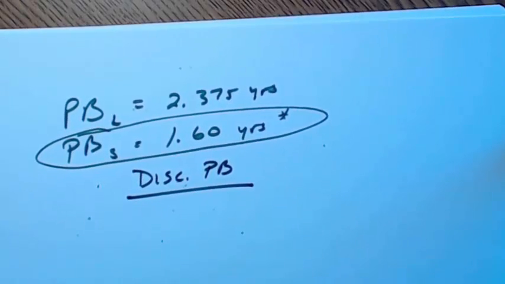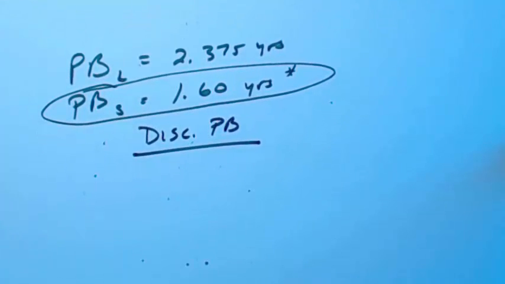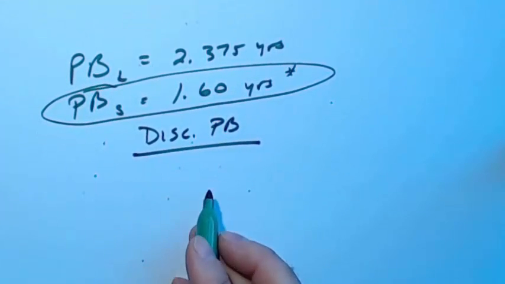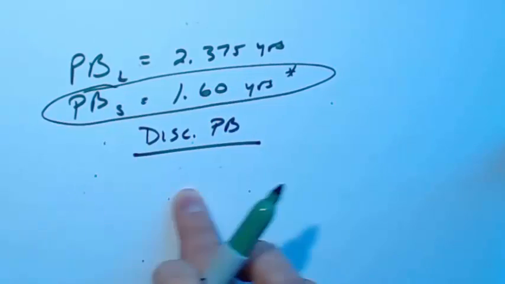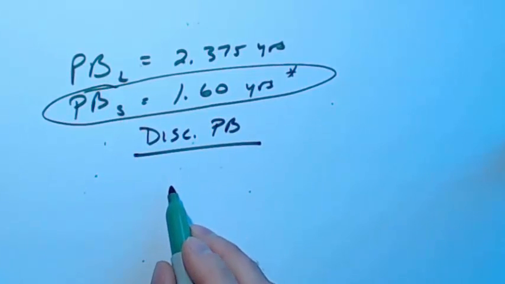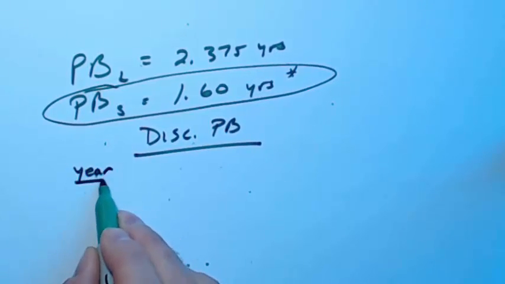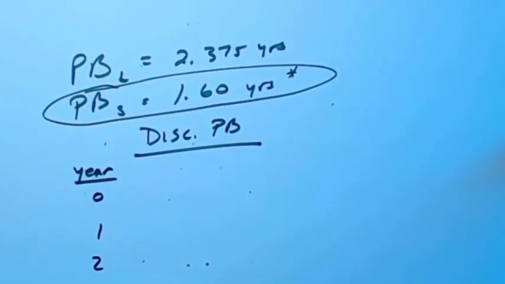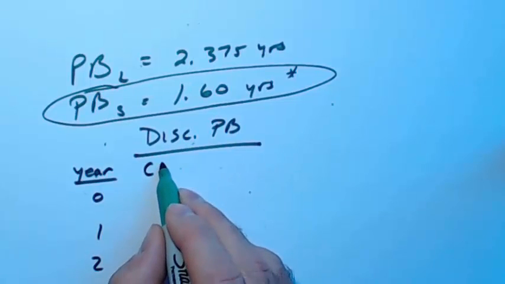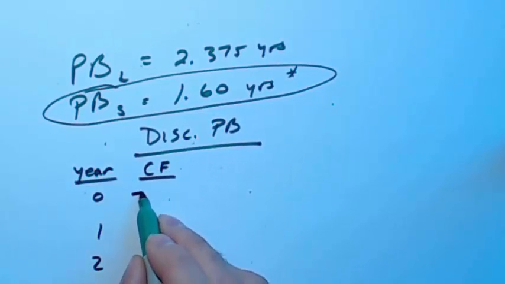So here we're moving into the concept of discounted payback. It's basically what we just saw. Instead of going horizontally, let's do it vertically. We're going to have year, and we're going to have cash flow, just like we had before.